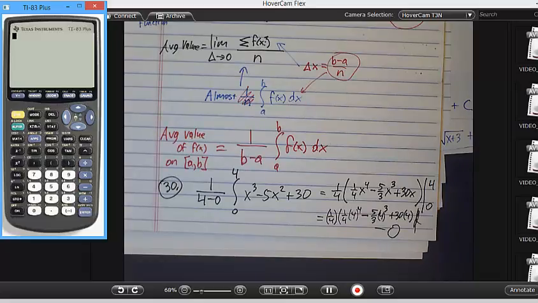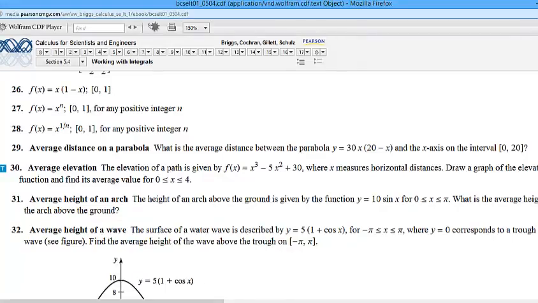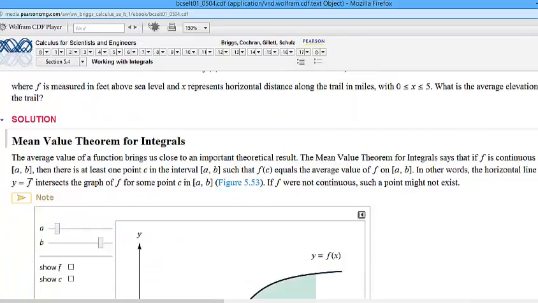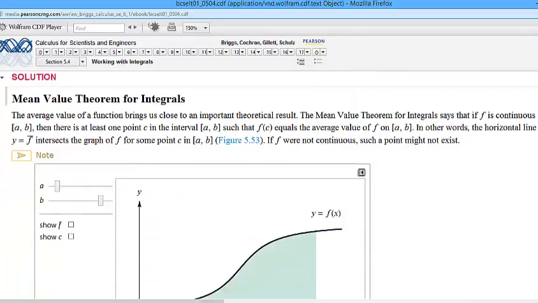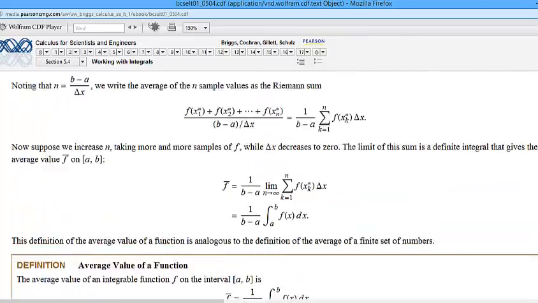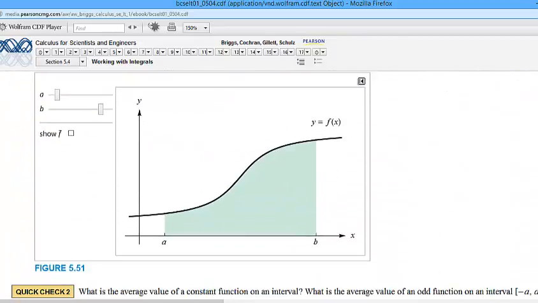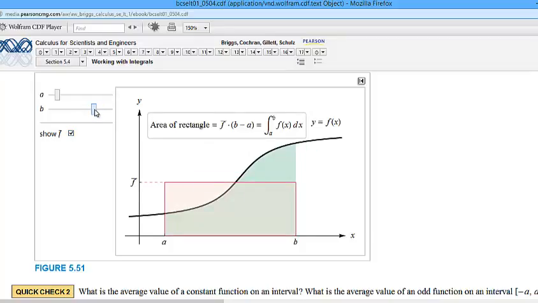But the last thing to show you, this is worth showing before we leave. They show you up here this little graph of the average value. Where'd it go? Here. The average value, let's say this is my average elevation.